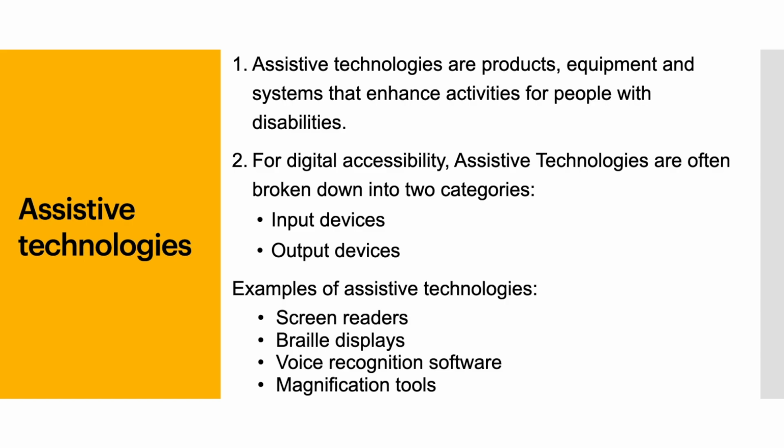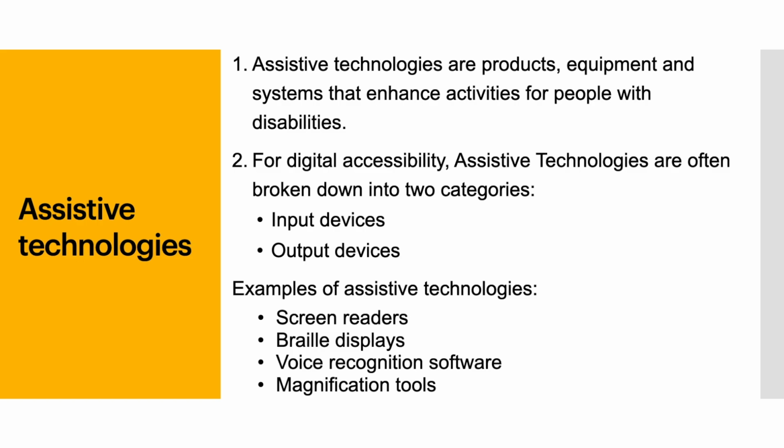Specialized braille keyboards allow visually impaired users to input text using braille characters. Some examples of output devices are screen readers, which convert text into speech or braille. JAWS, NVDA, and VoiceOver are the main screen readers that organizations use these days.